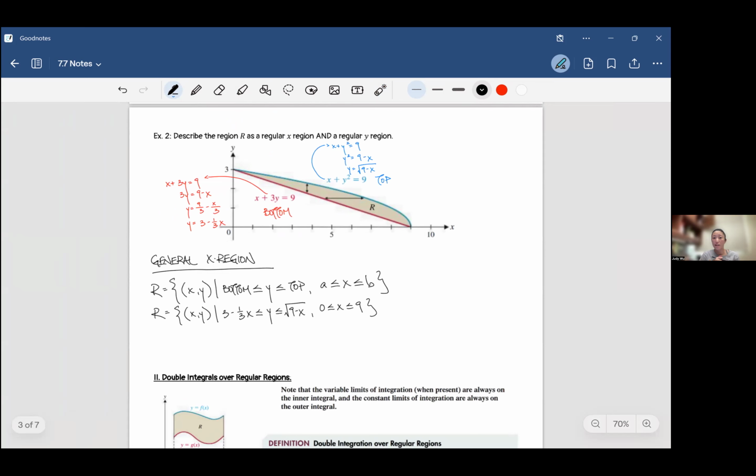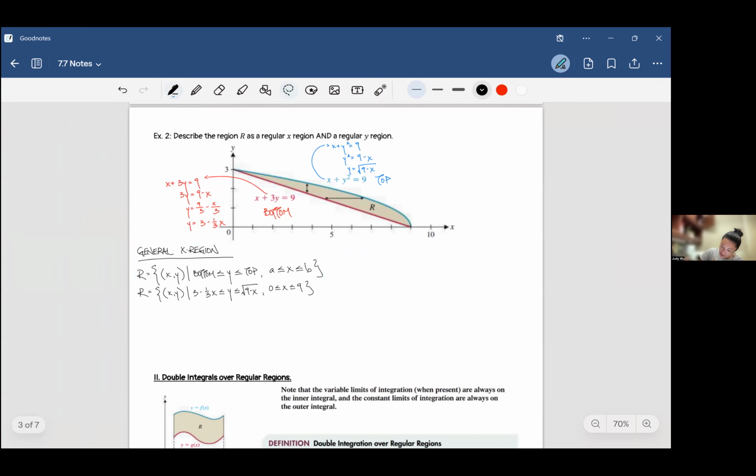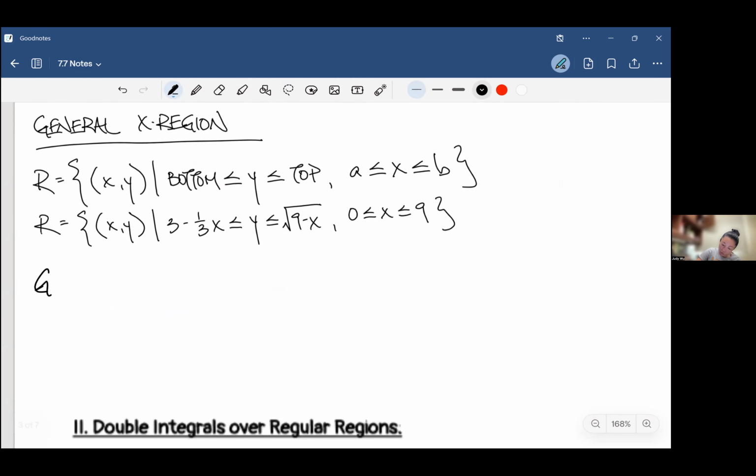Now let's go ahead and redo all this, but with a general y region. So I'm going to shrink this a little bit. And just like I did for the x, I'm going to rewrite the equation for the general y region.